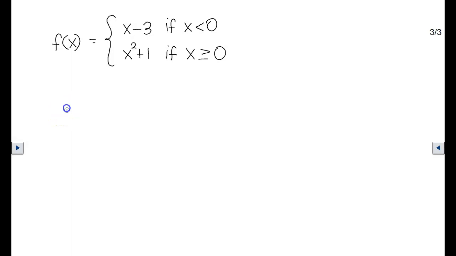So I'm going to need to make two function tables. One for f of x equals x minus 3. And then one for f of x is equal to x squared plus 1.